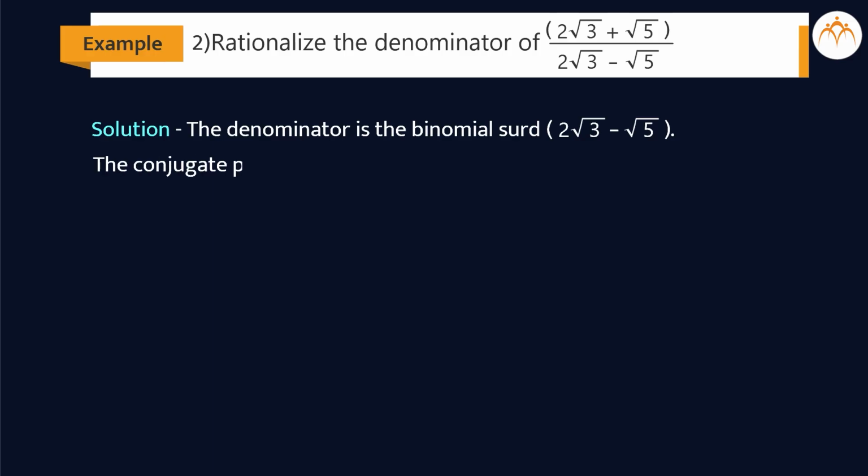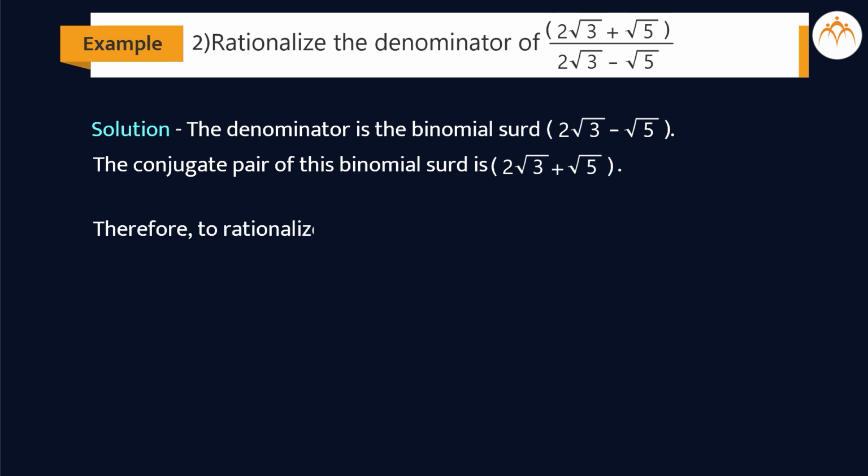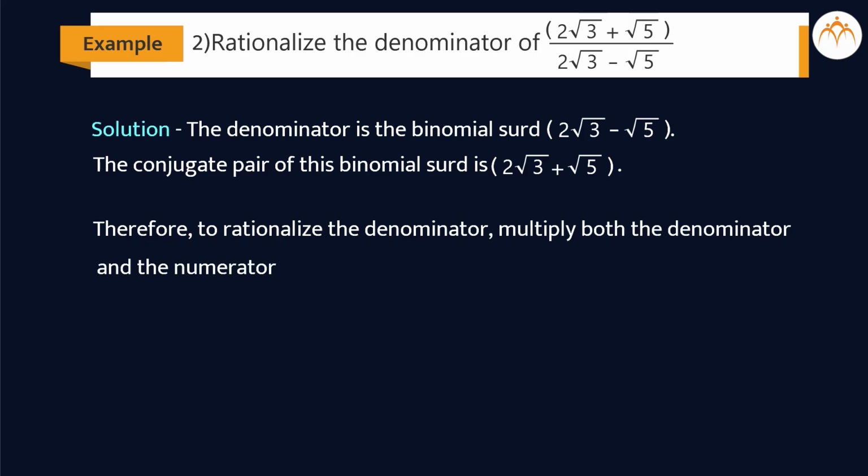The conjugate pair of this binomial surd is 2√3 + √5. Therefore, to rationalize the denominator, let's multiply both the denominator and the numerator by 2√3 + √5.